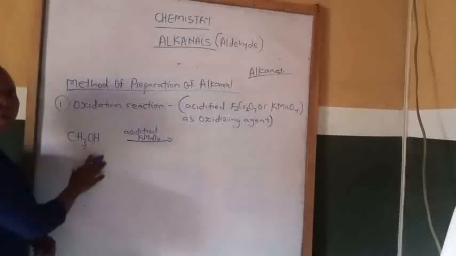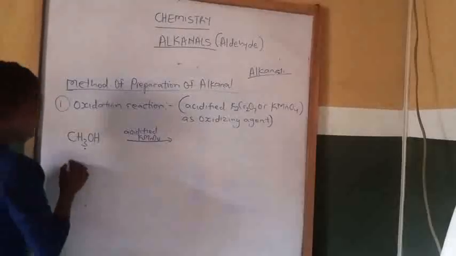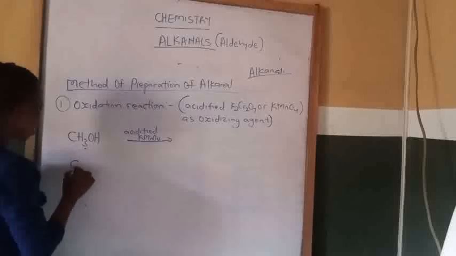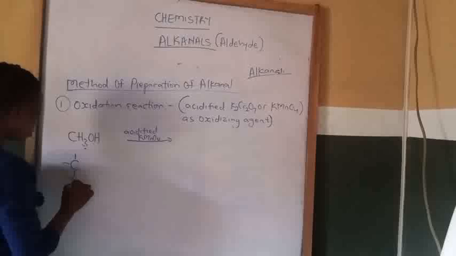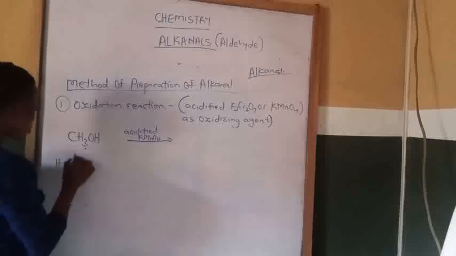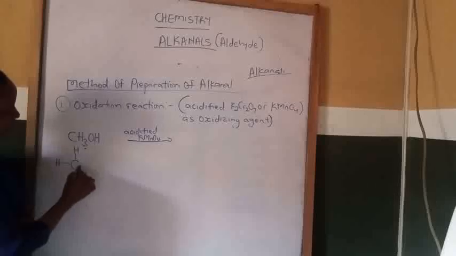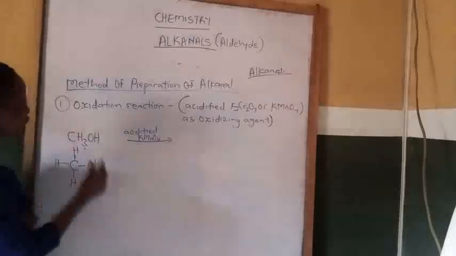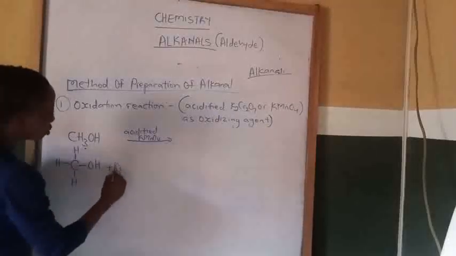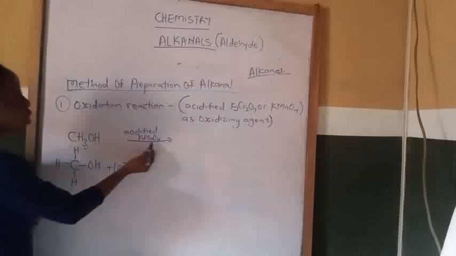Now let me use the structural formula to explain this chemical reaction. The carbon atom with 3 hydrogen atoms, then your functional group, then the addition of oxygen.